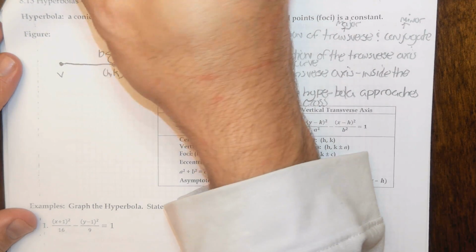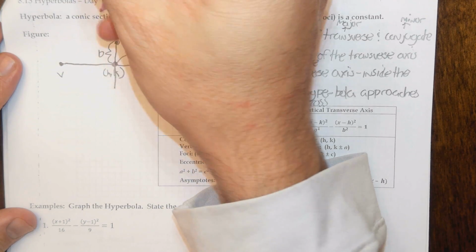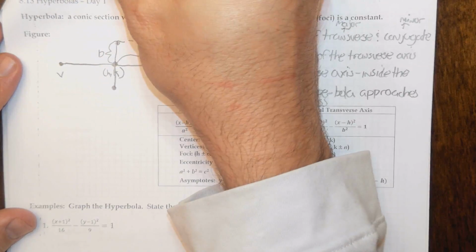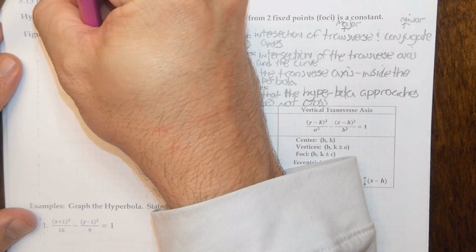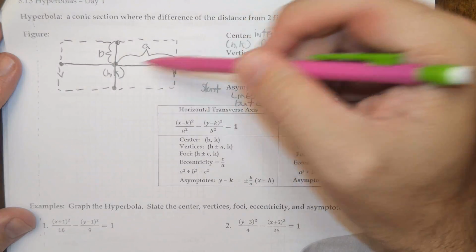We're going to draw a magical box here, with a dashed line. This is going to help us with our slant asymptotes, which we will have a formula for as well. Now, how did I get to this box? Just think about this picture right here. How did I get to these corners?